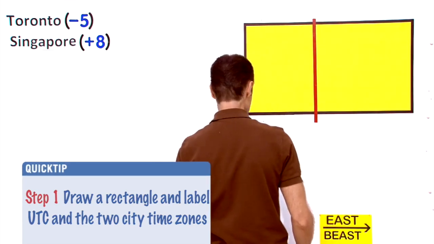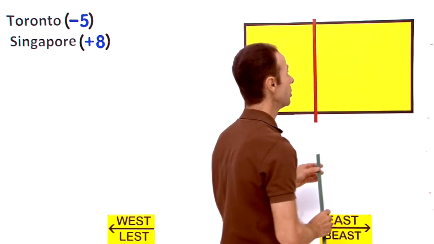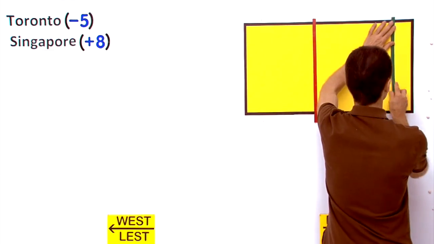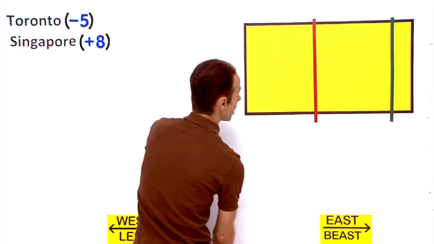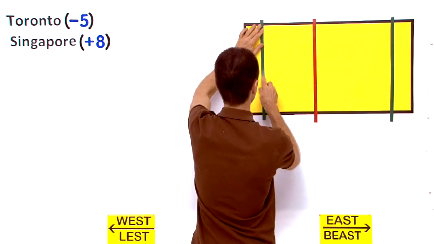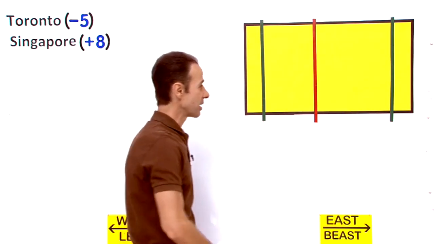Okay. And then we'll put Singapore, which is east. Singapore can go there. And on this side west, we'll put Toronto. Now this is rough and not to scale. So let me just mark them out.